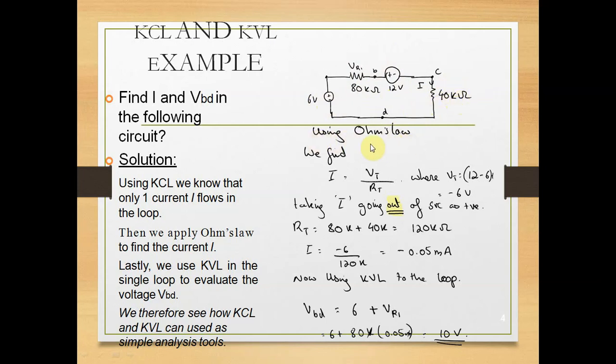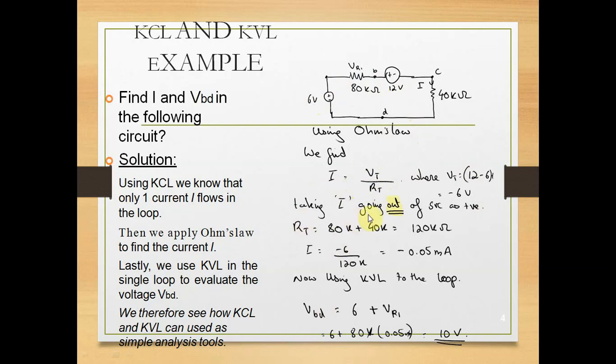Ohm's law states that the voltage drop across any resistance is equal to the current flowing through the resistance times its resistance. So I is equal to the total voltage upon the total resistance, and the total voltage is 6 minus 12, which is equal to minus 6 volt.